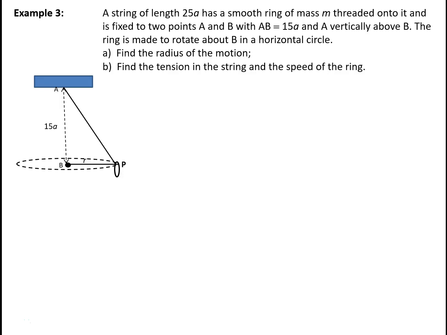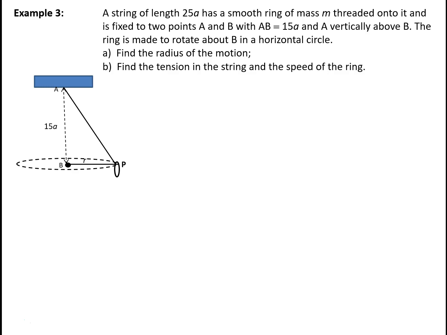So here is the particle, the ring, which we're labelling P, and we've got the string which is going from A to P to the point B, which is 15a, 15 times little a, vertically below big A. And the ring is moving in a circle around the point B. Now the first thing we need to do is find the radius of the motion.